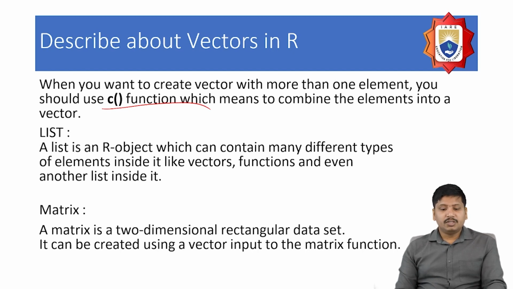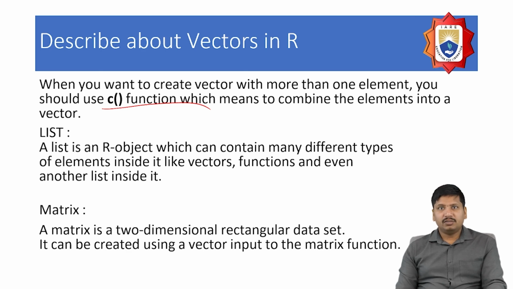Then the list: a list is an R object which contains many different types of elements inside, like vectors, functions, and even other lists as well. A matrix is a two-dimensional rectangular data set, which can be created by using a vector input to the matrix function.